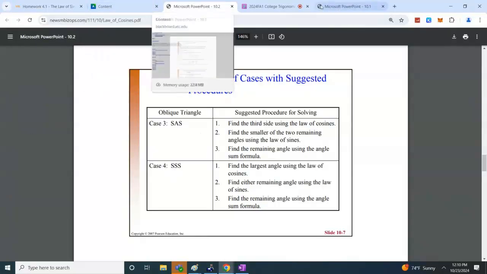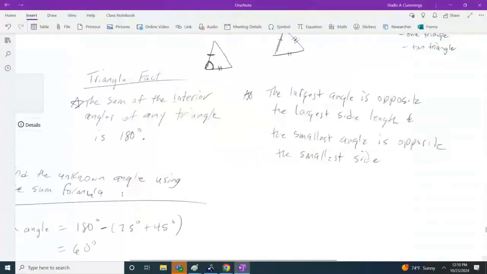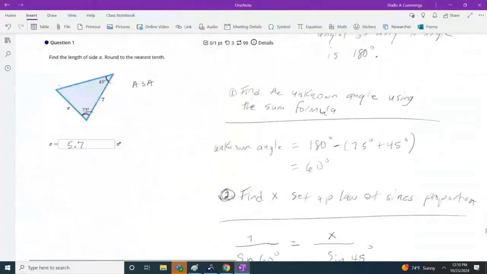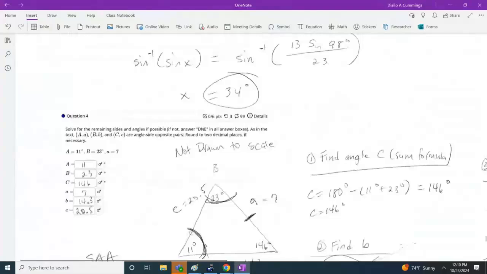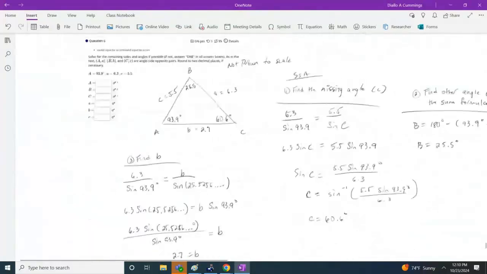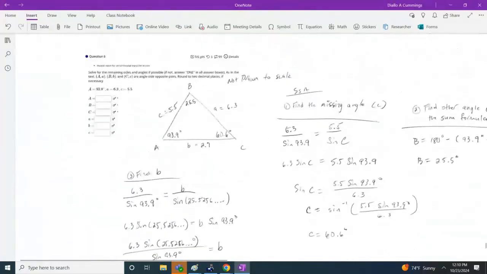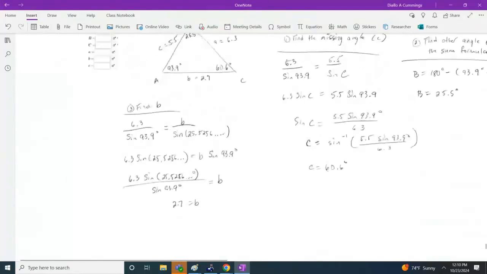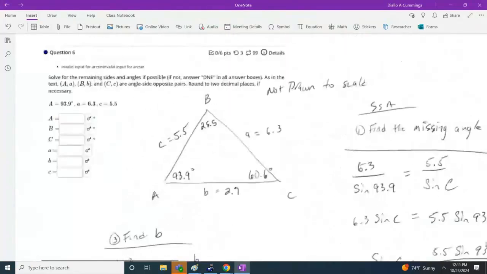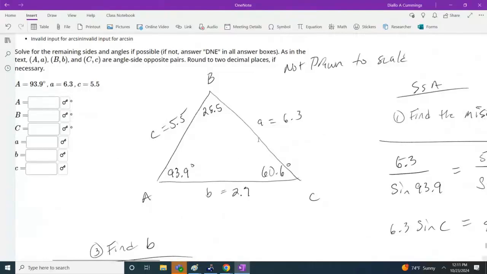So just to verify that, if we go back to the problem we just worked, it's this one. My largest side length is 6.3, right? The largest angle in this triangle is 93.9.